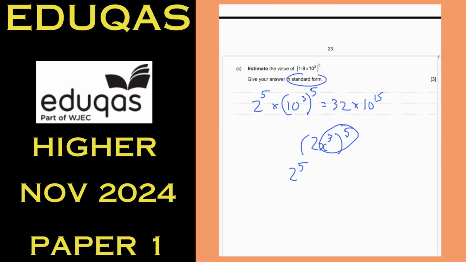Give your answer in standard form. We need to divide the 32 by 10 to give us that magic number between 1 and 10. But if we are dividing this by 10, we need to times this by 10 to balance it up, which means adding 1 to the power.